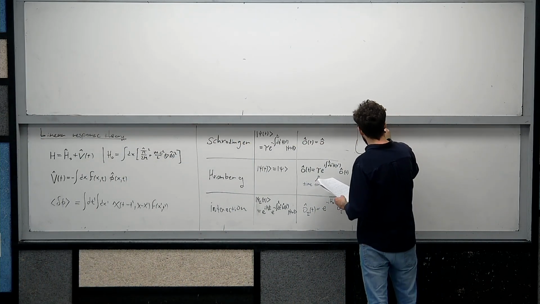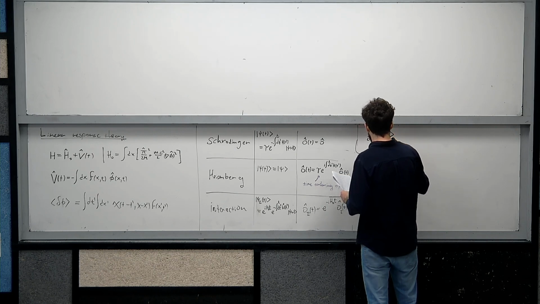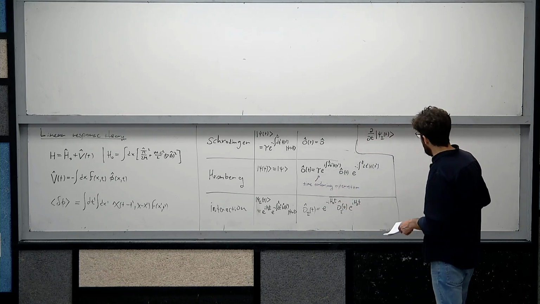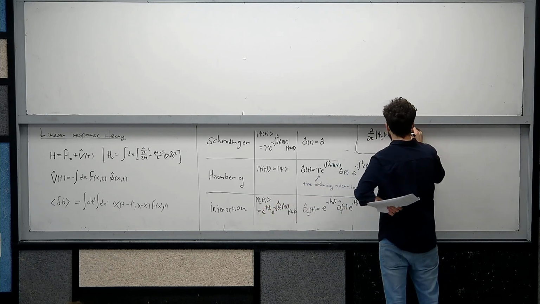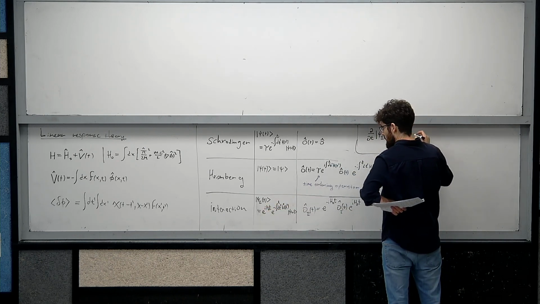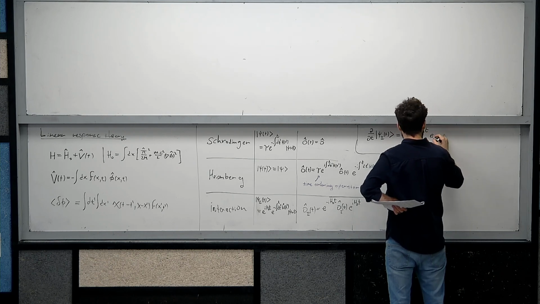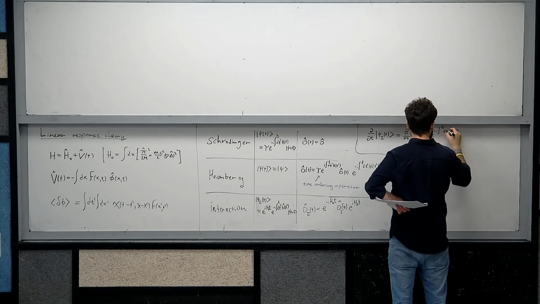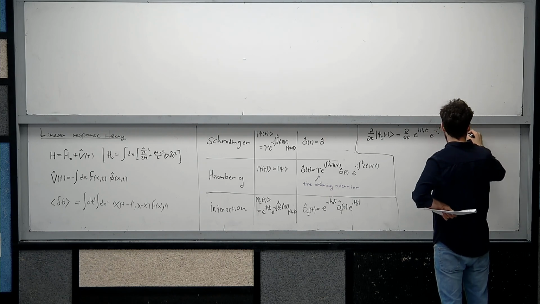Let's look at d/dt of psi interaction of t. So if I apply this on this wave function here, so this is basically d/dt e to the I h naught t e to the minus I integral up to t dt prime h of t prime psi of 0.